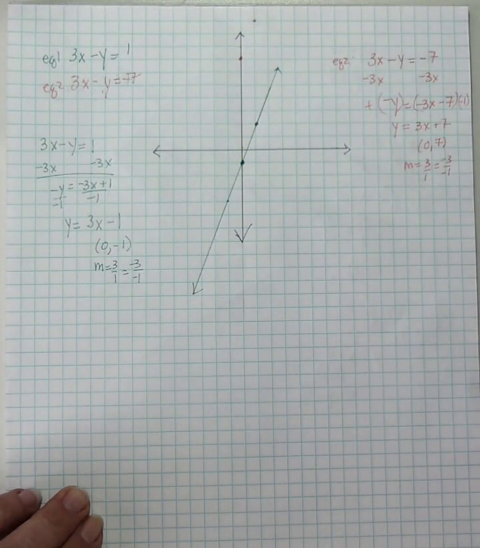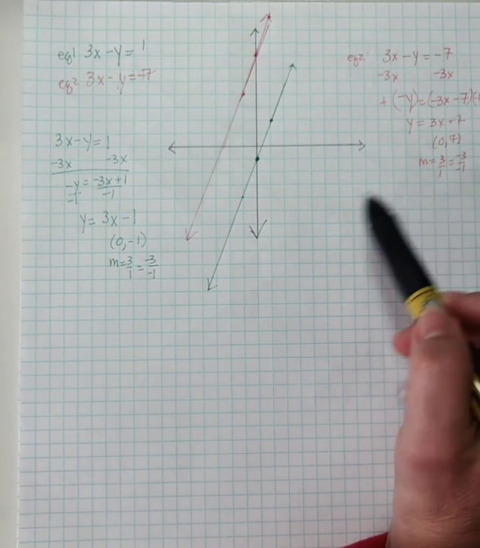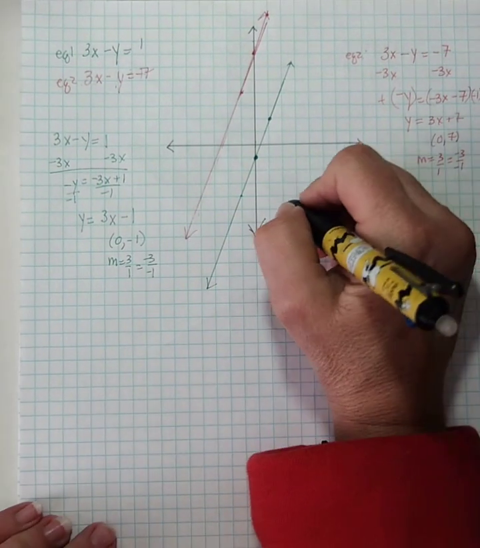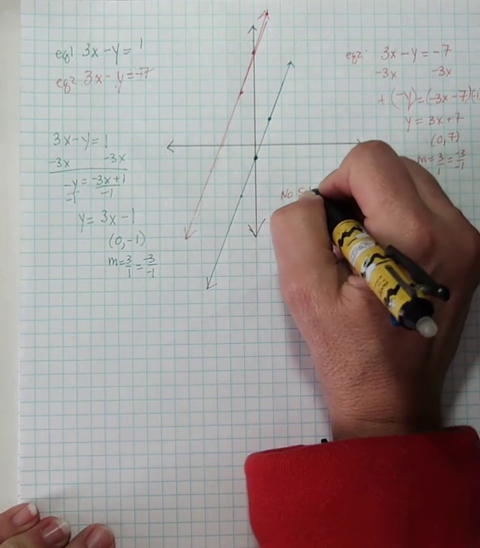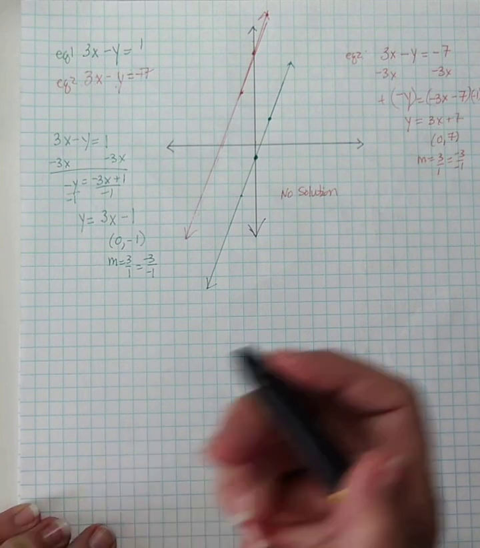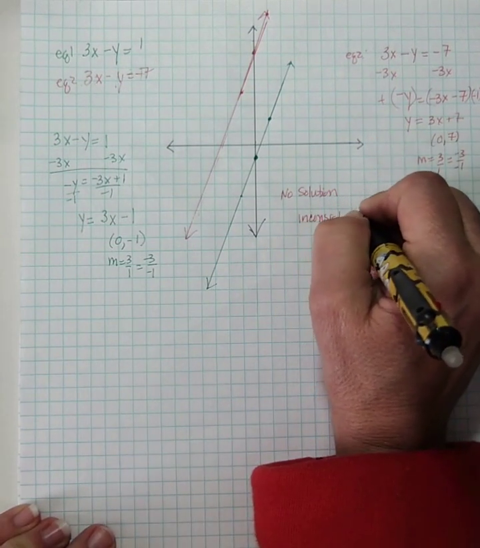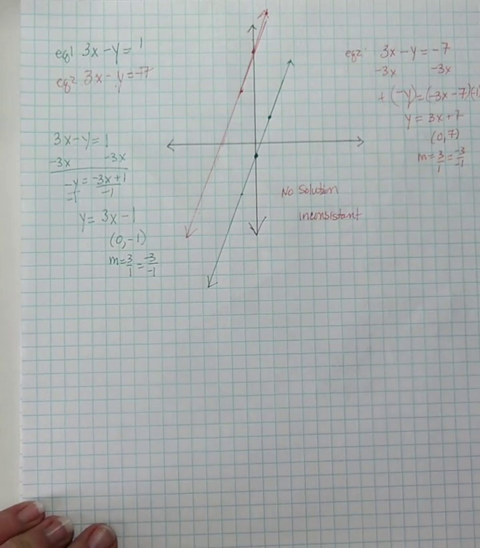And then when I draw my line, you're going to see parallel. And we know that they're parallel because their slopes are the same. Therefore, there is no solution. If it's consistent, we find a solution; if there's no solution, we say it's inconsistent. But if you just say there's no solutions, that's just fine.